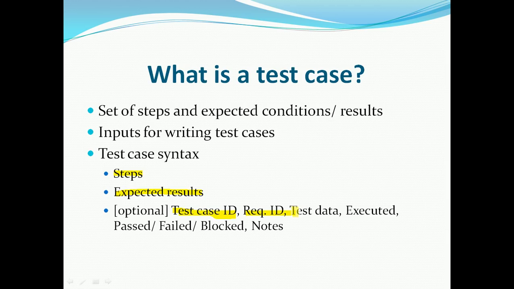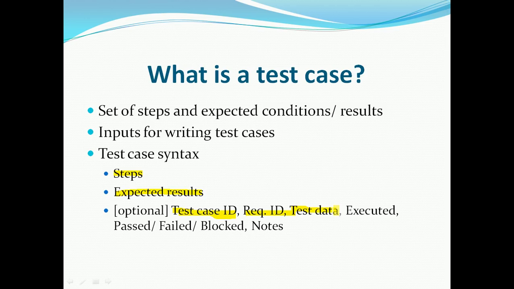Now, when you execute the test case, many a time different inputs are required. So along with the steps, you have to provide some data. For instance, your test case is to test the login functionality of the system, and in order to test the login functionality of the system, you need to provide the login name and the password.